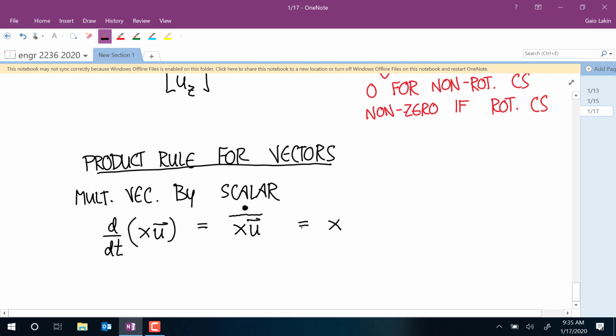So it's x dot times the vector u plus x times the vector u dot. And actually, Liz, if you think about it this way, it could be a constant, and then that just makes the first term go away.